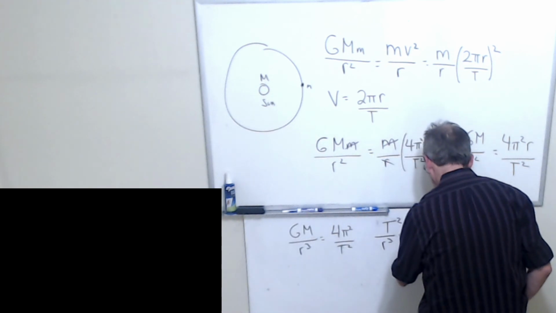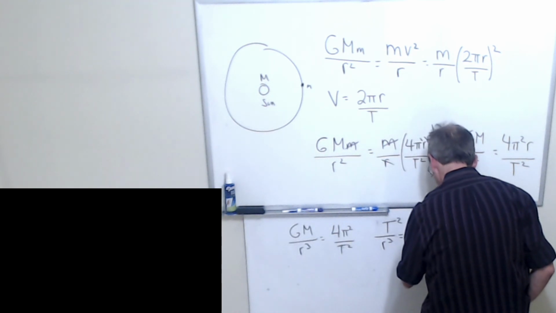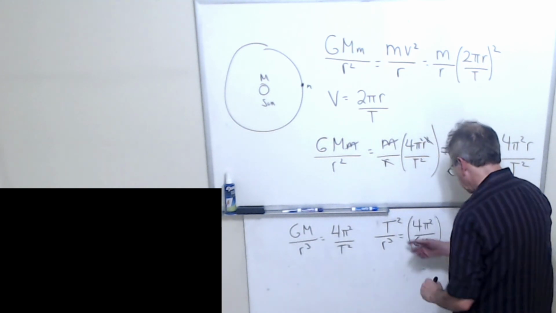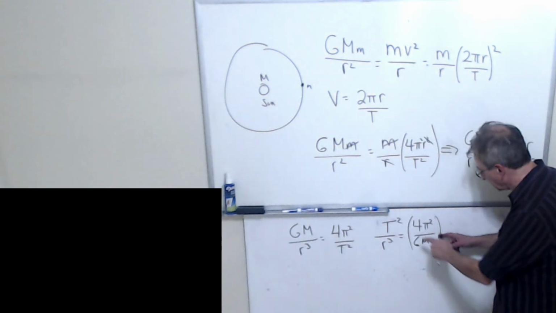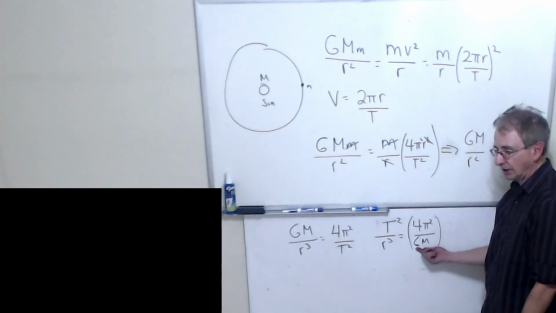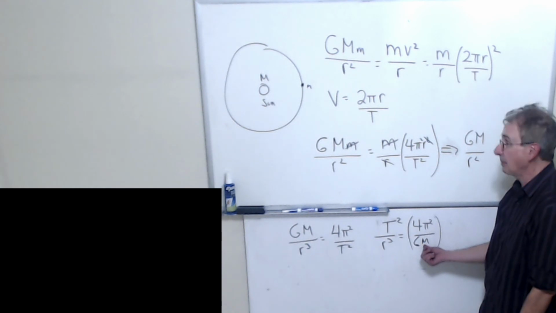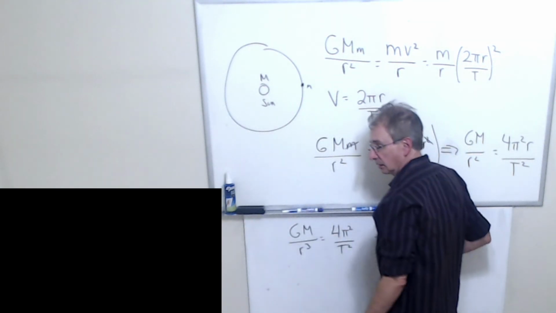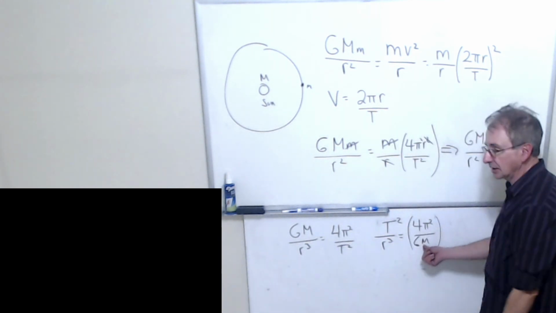And then get this constant. The ratio of T squared over r cubed is equal to this constant, 4 pi squared divided by the gravitational constant divided by the mass of the object the planet is orbiting. This is all a constant.